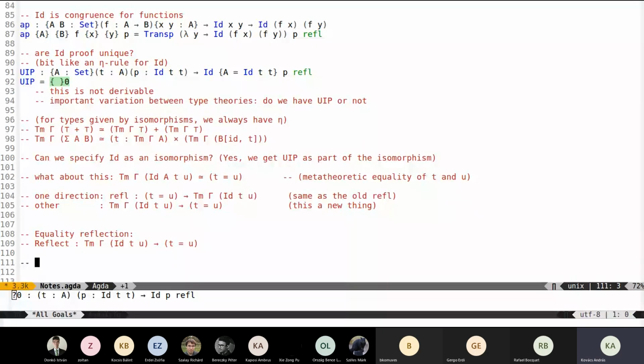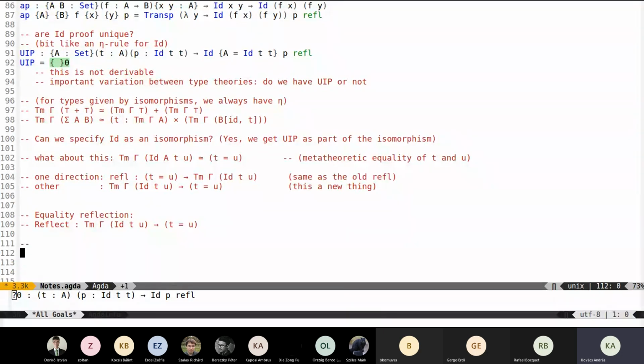And if we know that this is basically an isomorphism, so if we know that REFL and reflect form an isomorphism, then we also get UIP, in pretty much the same way as before.